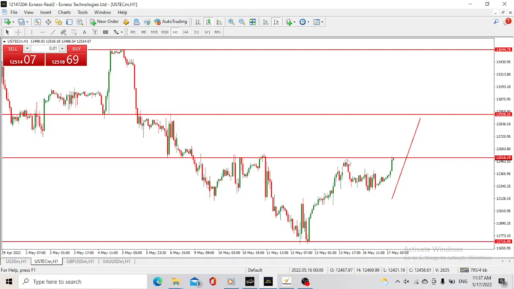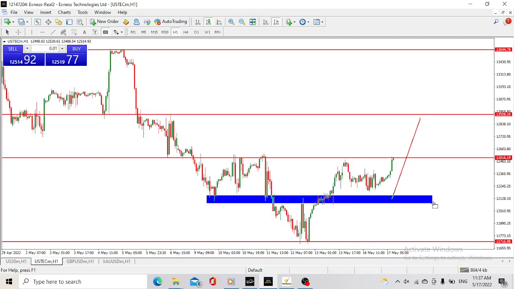This is another structure. As you can see here, usually when the market does this, there's some sort of resistance zone here, and some sort of support zone here.